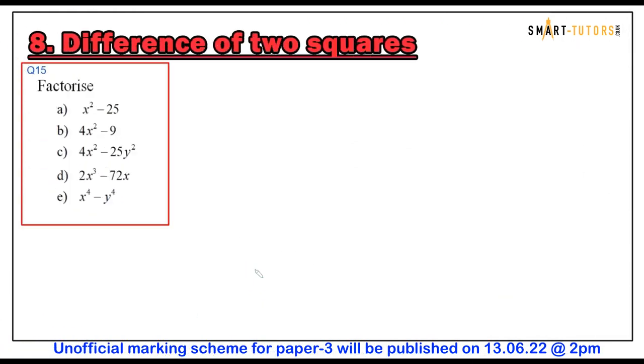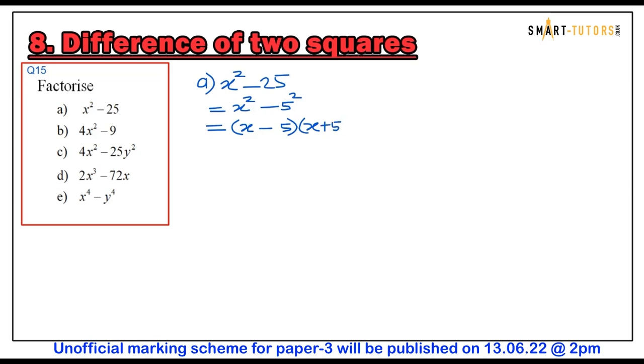Topic number 8, difference of two squares. In this topic, we are going to be analyzing questions from the easiest to the hardest they can ask. So the first one, A part, x squared minus 25, you can write x squared minus 5 squared. So that is going to be x minus 5, x plus 5.